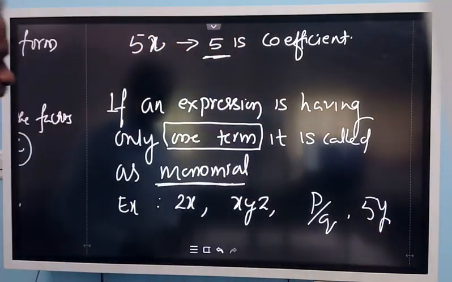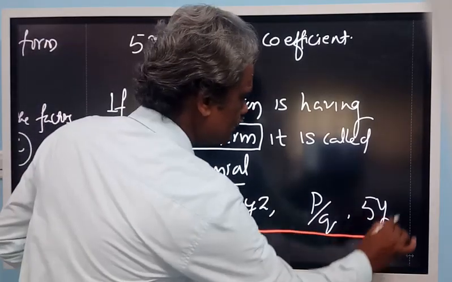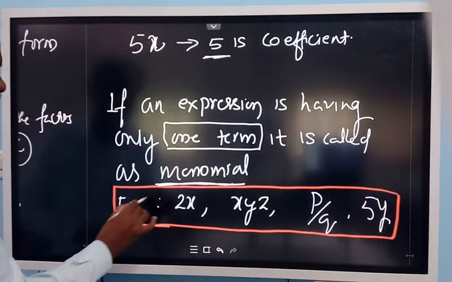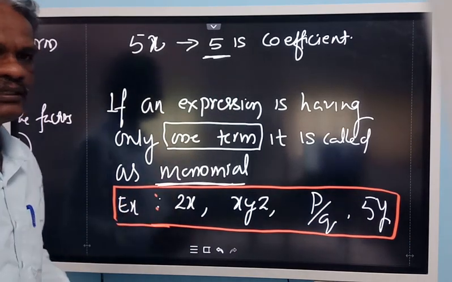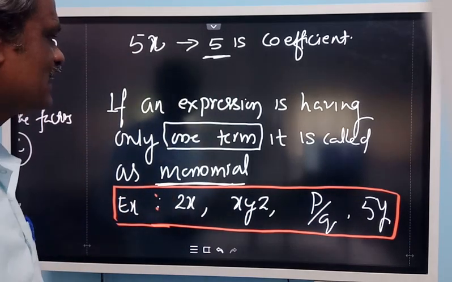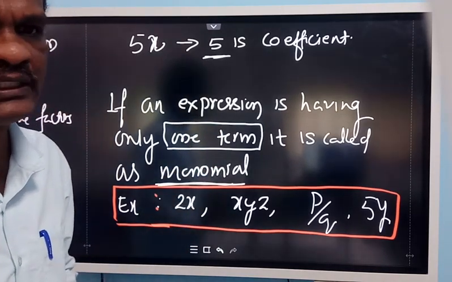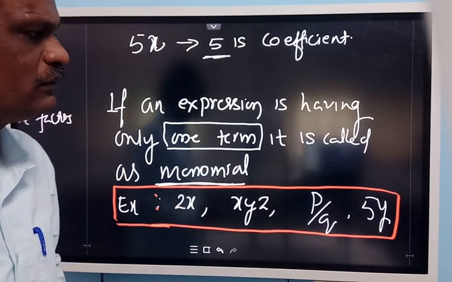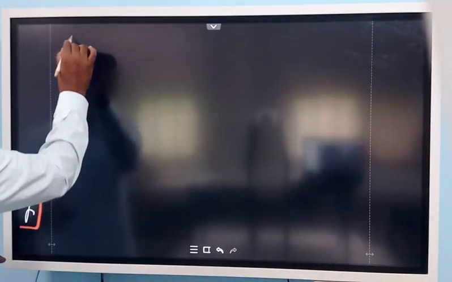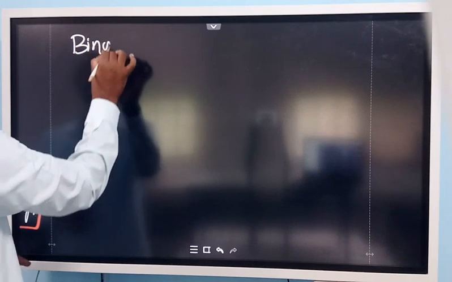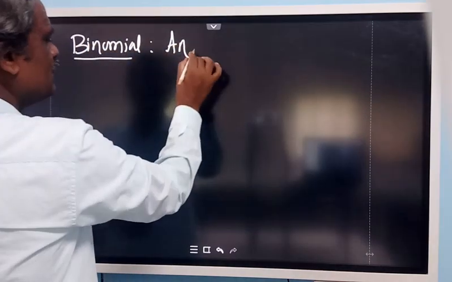So these are all examples for monomials. A monomial is an algebraic expression having only one term. Now in the same way, we can write another one called a binomial. Binomial. It's an algebraic expression.